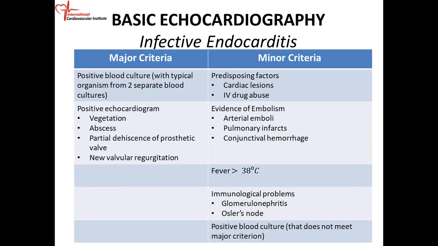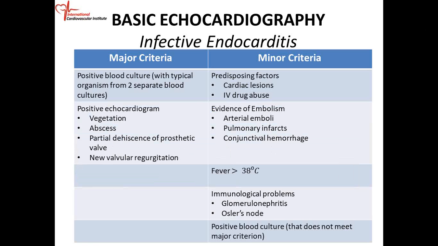Fever greater than 38 degrees Celsius is another minor criteria. Also, immunological problems such as glomerulonephritis or the Osler nodes. Remember, we said the Osler nodes are painful lesions on the distal aspect of the fingers. Positive blood cultures that do not meet the major criteria.